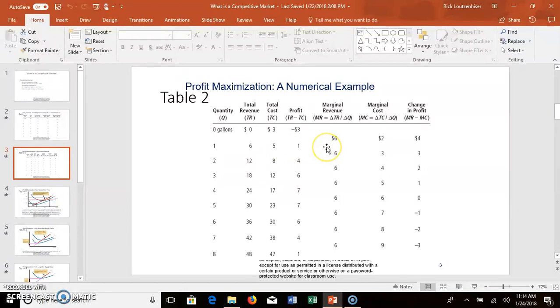The marginal revenue is the revenue at this level minus the revenue at that level, divided by the quantity there minus the quantity there, which turns out to be 6. So the marginal revenue is 6. The marginal cost is 2, which is just 5 minus 3, which gives you 2, over 1 minus 0, so $2 for marginal cost. Then the change in profit is the marginal revenue, which I got in one place, minus the marginal cost, which is in another place.